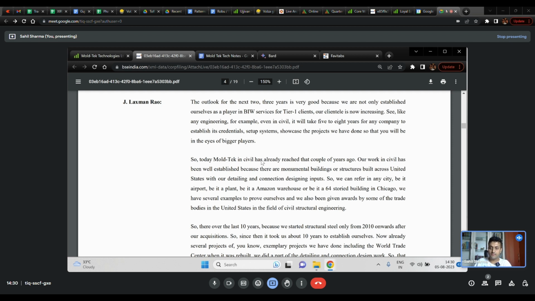And that's primarily because they have established themselves as a player in BIW services for tier 1 clients, and now the client base is increasing. And he has also said that, in any kind of engineering, especially civil in this case, it takes 5 to 8 years for a company to establish its credentials, set up systems, showcase exemplary or reference projects that will be seen by the clients to give you bigger projects.